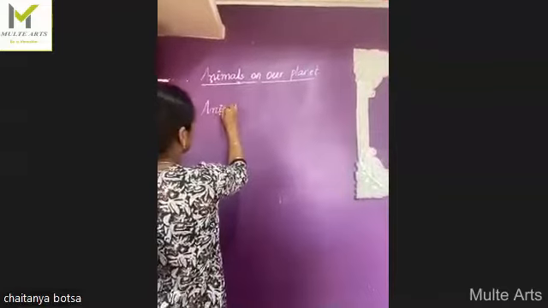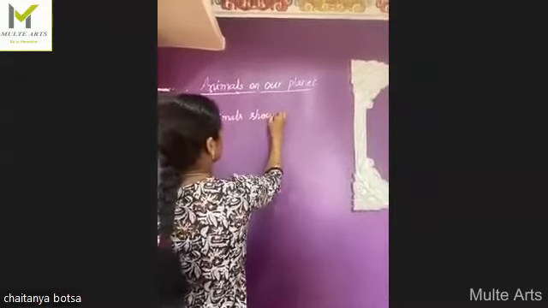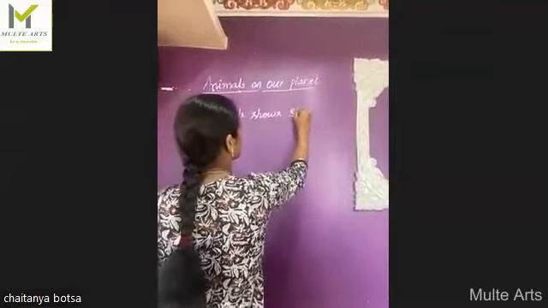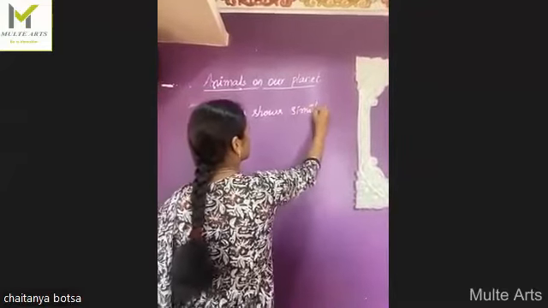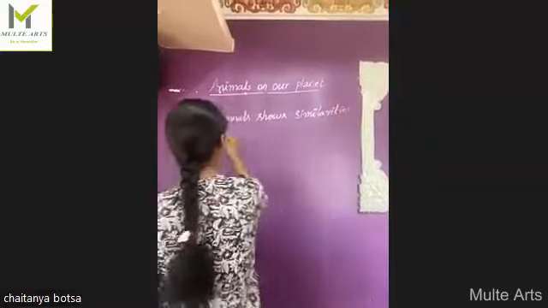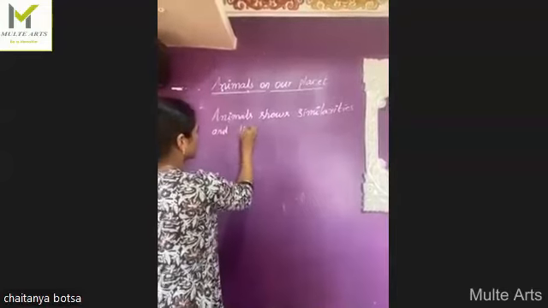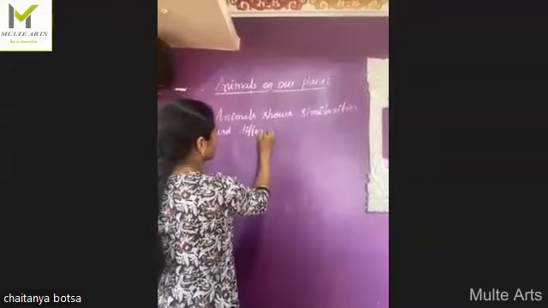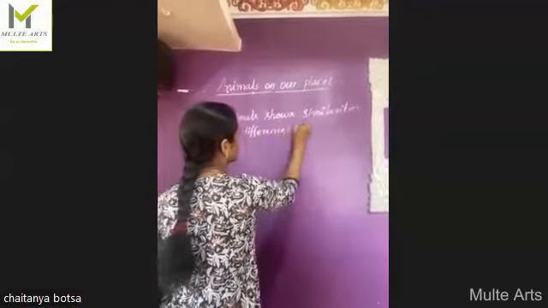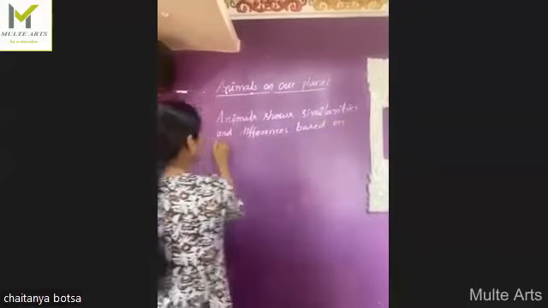Animals show similarities and differences based on 7 key characteristics.